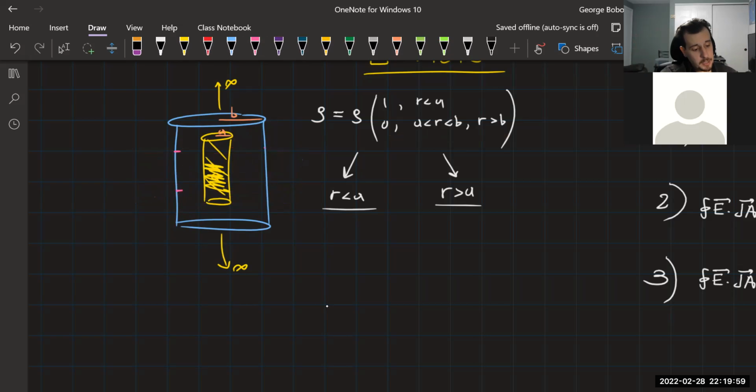Now, on the very inside, obviously, if you make a cylinder this big, I'm only enclosing this amount of charge, which is very different than what I was doing before.